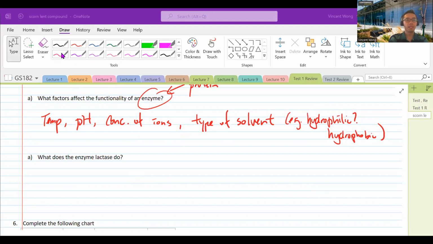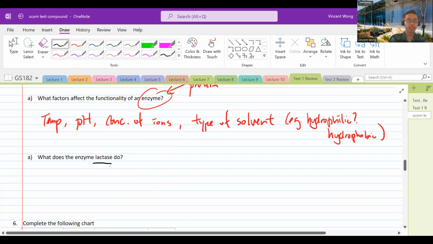What does the enzyme lactase do? Lactase is an enzyme that breaks down lactose, and the way you know is you look at the suffix. ASE is an enzyme, and that tells you what it breaks down. So lactase breaks down lactose. In the presence of lactase, what will it become? What is lactose made up of anyways? Glucose and galactose.